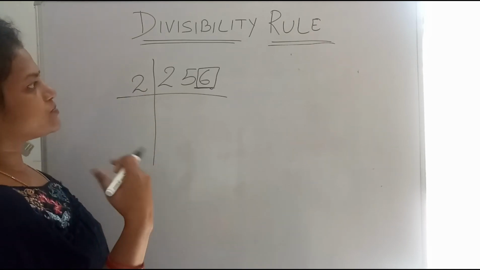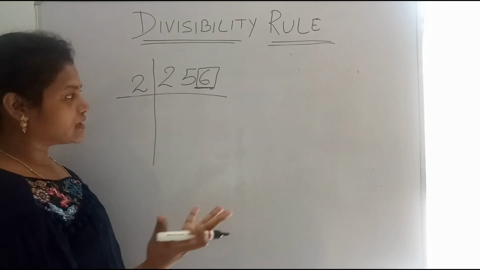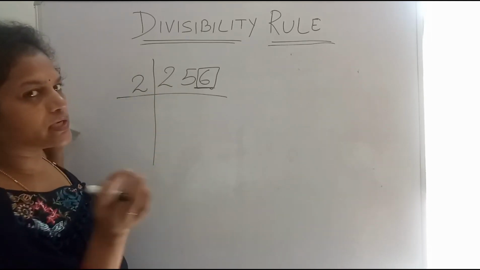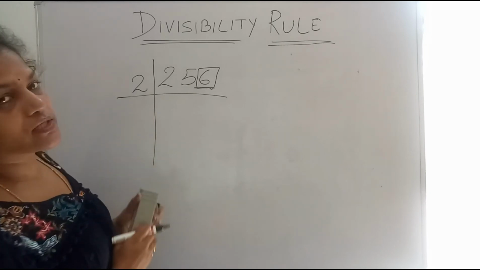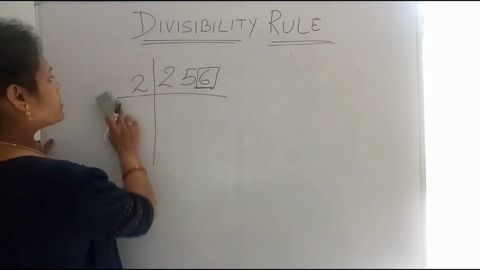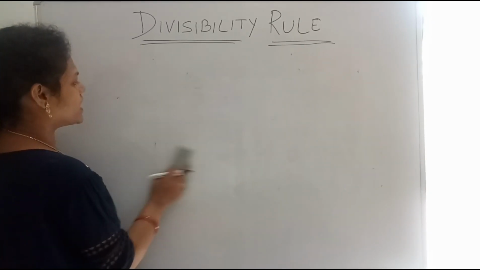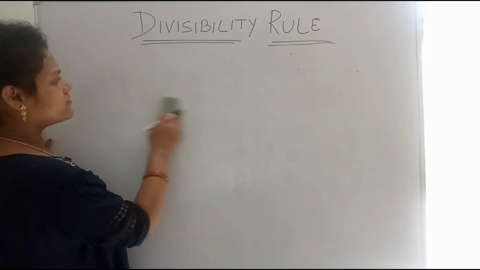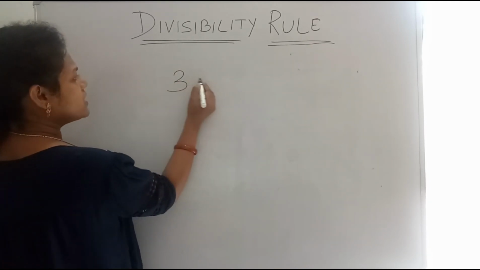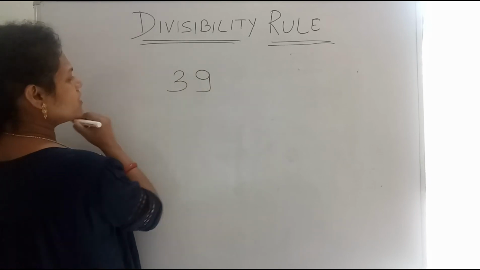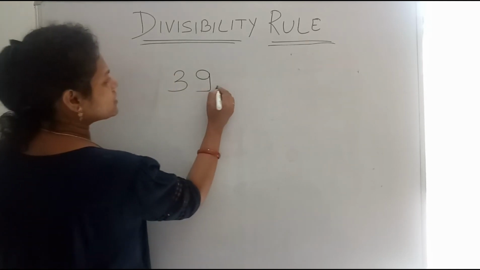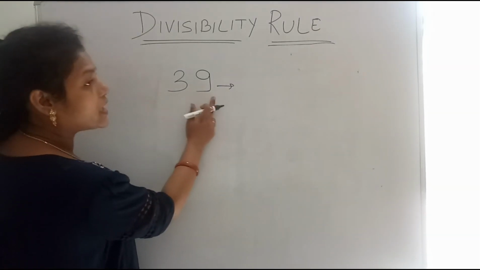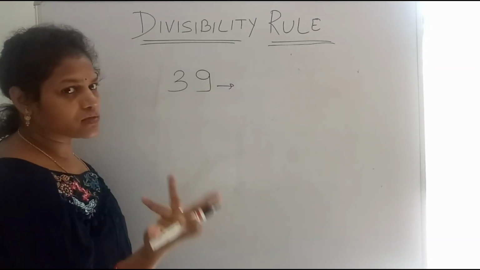For finding such big numbers or LCM, or checking if any number is divisible by a particular number or not, this divisibility rule is very important, because many students get confused about whether the number is divisible. Suppose the number is 39, and they do not understand whether 39 is divisible by 2 or 3.